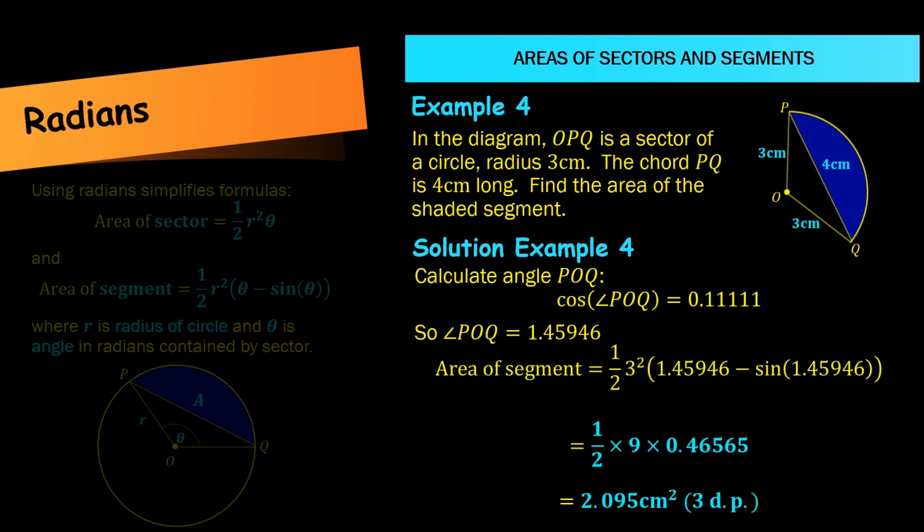And therefore, the area of the segment equals 2.095 centimeters squared to 3 decimal places.